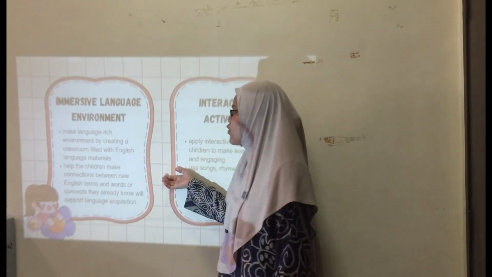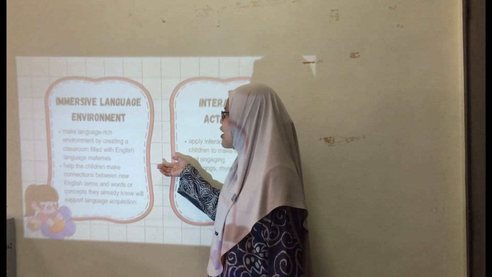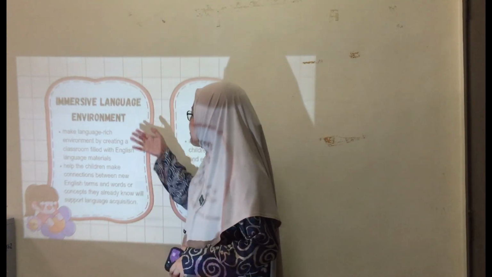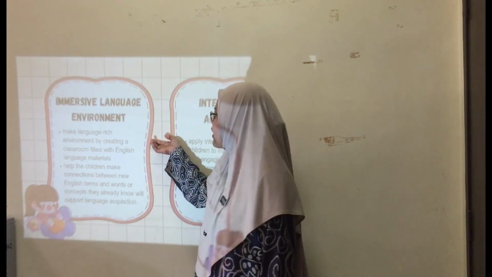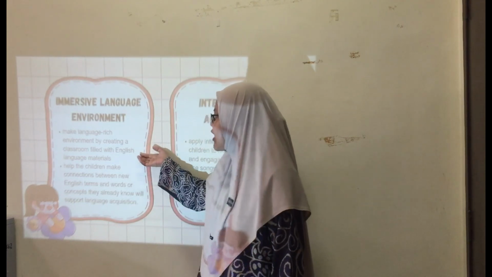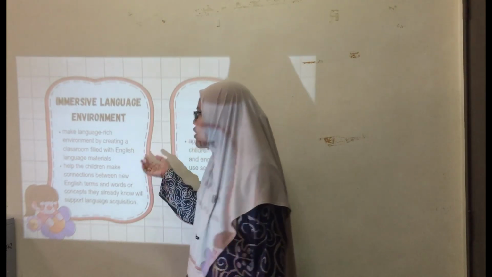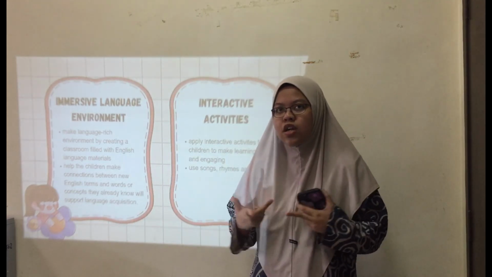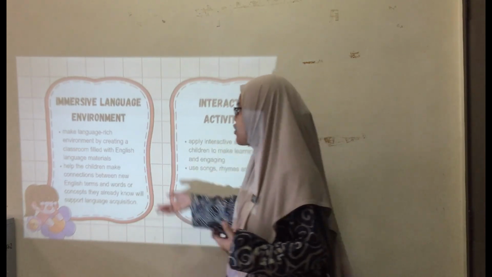Okay, next we go to the strategies in teaching in bilingual or multilingual settings. Okay, first is immersive language environment. The teacher can make a language-rich environment by creating a classroom filled with English language materials such as books, posters, or something that the children can use in the classroom.